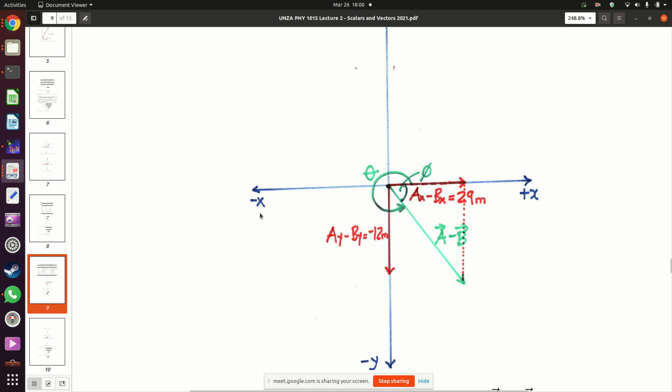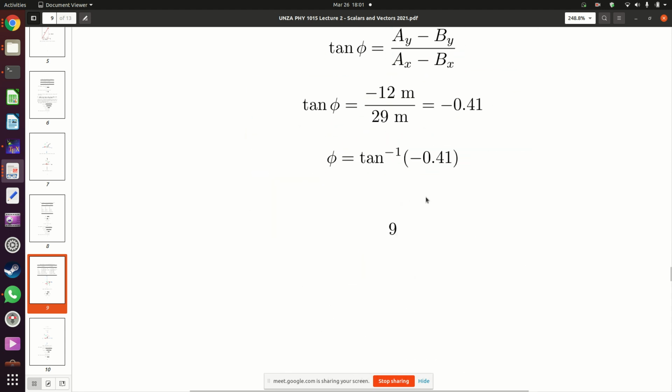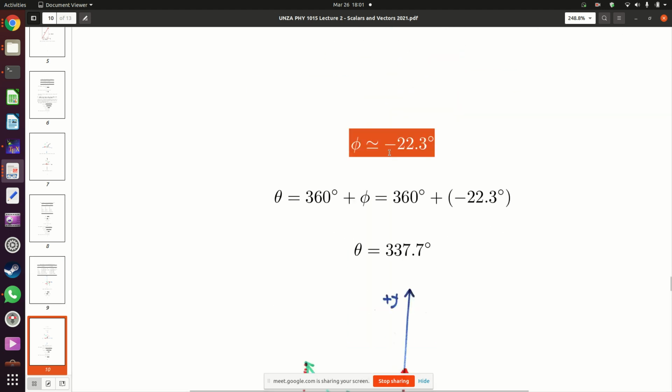Right now the angle is measured from the positive x-axis, but in a clockwise direction, coming down like this. Clockwise angles are negative. That's why phi equals negative 22.3 degrees. The negative shows you the direction in which you need to move from the x-axis: clockwise.